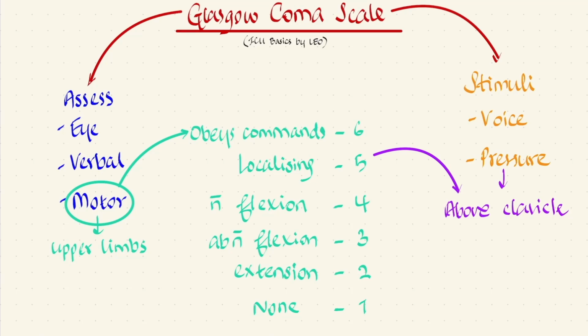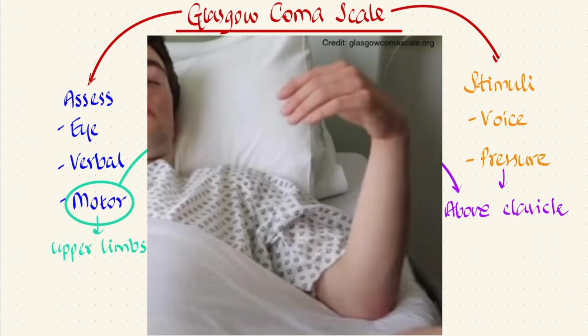Besides, by squeezing the trapezius muscle or pressure to the supraorbital notch, we can assess whether the patient could bend their arm and elbow even if they're not strong enough to lift their hand up to the shoulder. If they could bend their elbow rapidly with arm away from the body, it is regarded as normal flexion.